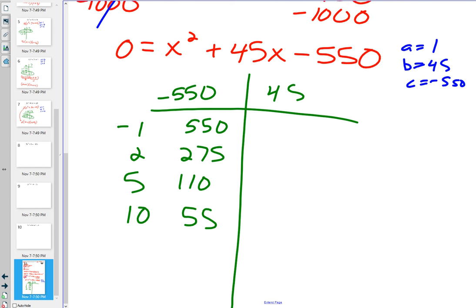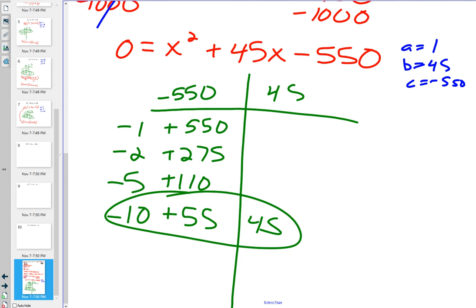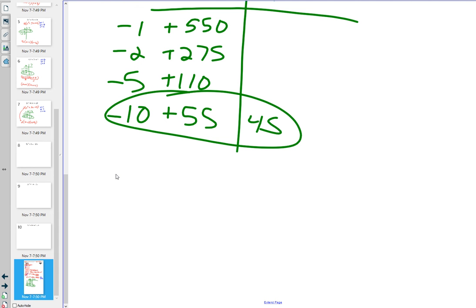Under this scenario, small negative, big positive, this one gives me 45. And because A is 1, even though this is a lot of work, I could just say that x minus 10 and x plus 55 equals 0.